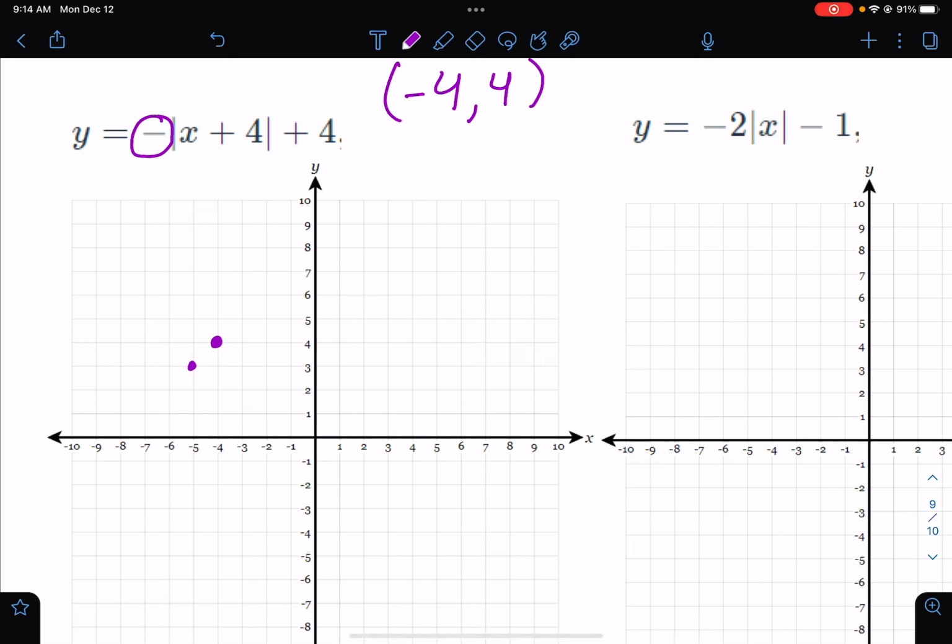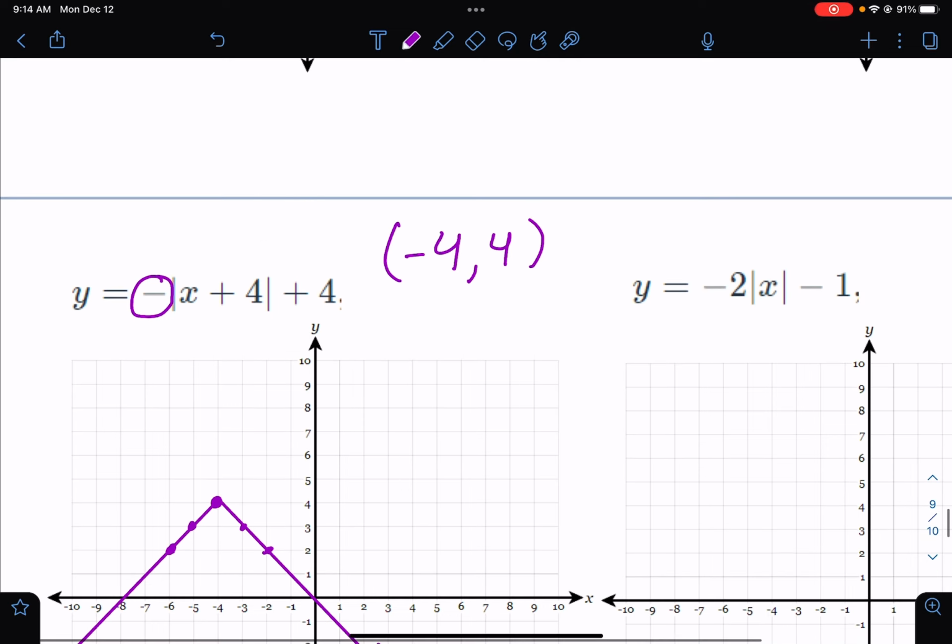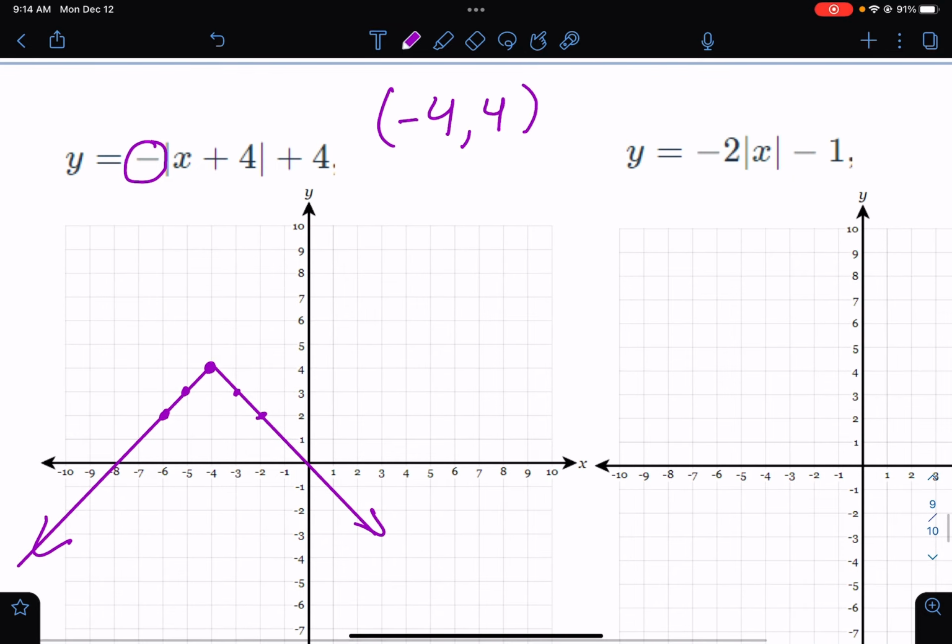So this guy's actually going to have a slope of +1, this guy's going to have a slope of -1, and it's going to go down like that. All right, so that's our reflection, which makes sense, right? We've learned that with quadratics, instead of going up like a cup, we go down like a frown when that number out in front is negative. Okay?